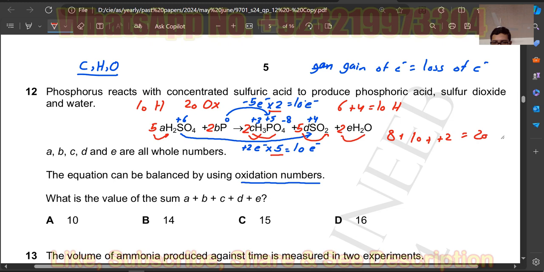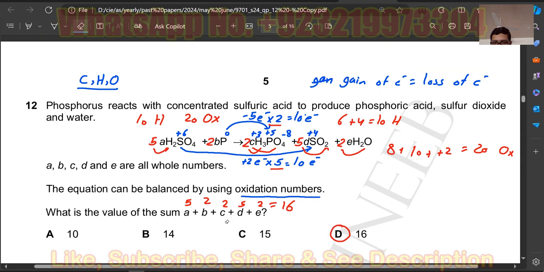So I get 20 oxygen again, which means this equation is balanced in terms of the atoms as well. Now I can simply write the values which I have used to balance. So as you can see, A is 5, B is 2, C is 2, D is 5, and E is 2. Now after adding all these values, I get 16. So 16 is the right answer.